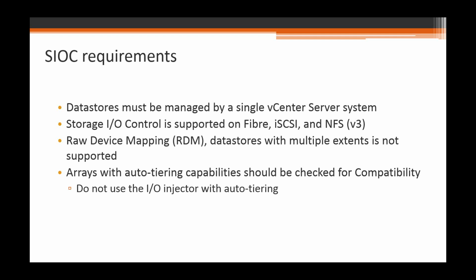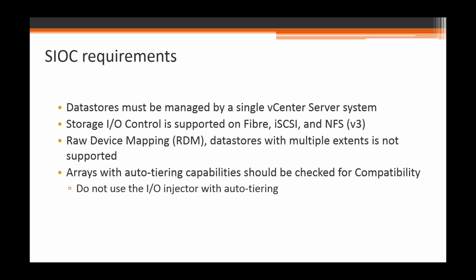The FAST technology, the auto-tiering technology in the storage, is supposed to take care of any latencies that occur. So if there's a specific datastore where some blocks are very hot and it's causing latencies for workloads, auto-tiering is supposed to move these blocks to faster storage, and blocks that are less accessed are supposed to move to slower storage, right? This is basically what auto-tiering does.